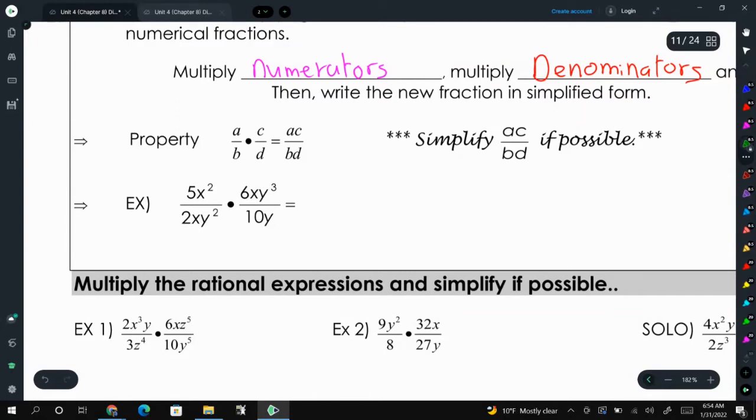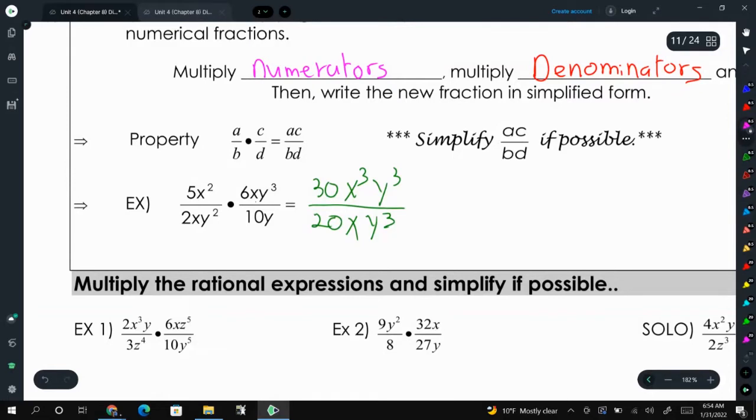So if we look at this example down here, we have 5x squared over 2x y squared times 6x y to the 3rd over 10y. So we're going to multiply the tops. So we get 30. X squared times x is going to be x to the 3rd. We have y to the 3rd over 20, 2 times 10, x, y squared times y is y to the 3rd.